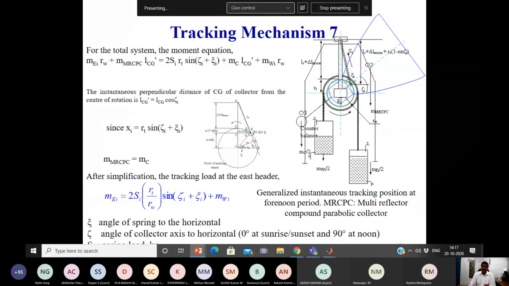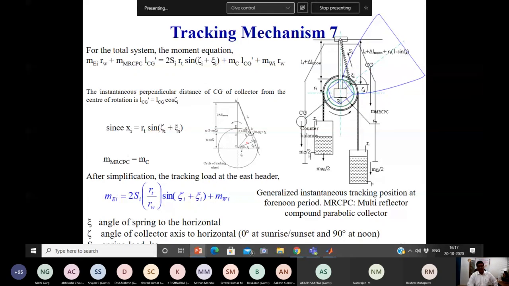How is it possible? The weight of the entire solar collector has been controlled by an equal and opposite dead weight. That is the basic principle here. Initially, we forgot about this dead weight because I am not an expert in machine design. My expertise is in thermal engineering. That's why we neglected this dead weight, and initially we were able to track this collector for only 1 hour.